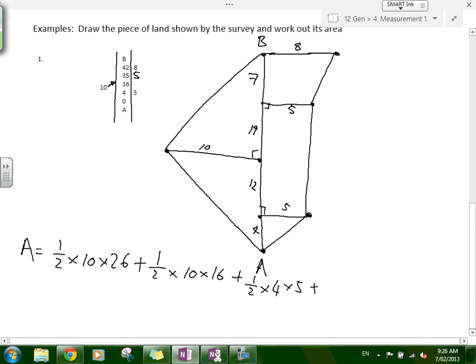We add on, and this one's a rectangle of 31 by 5. Then we need to break this into 2, so this is going to be 3 meters here. So this square here is 7 by 5, so it's 7 times 5 in the square. And then the last part's this little triangle, which is half times 7 times 3.